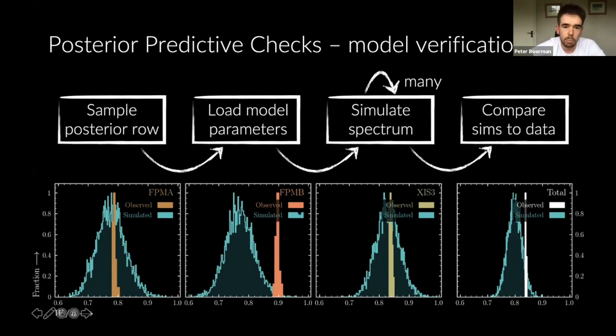The difference in FPMB is being caused by just being a lower signal to noise for the FPMB spectrum than FPMA. But yeah, overall, if you add them all together, you end up with an acceptable fit, right? Because it's reasonably inside the simulated distribution range.